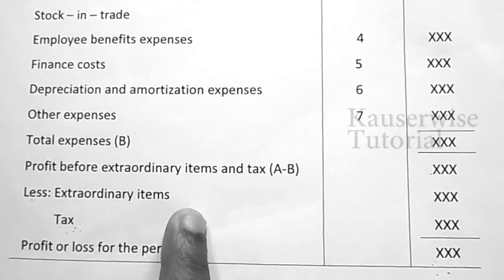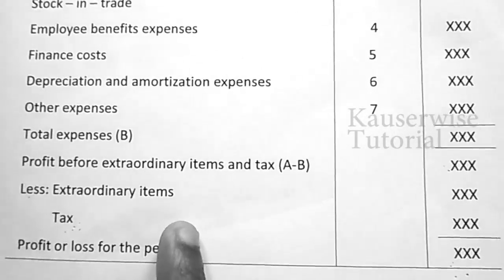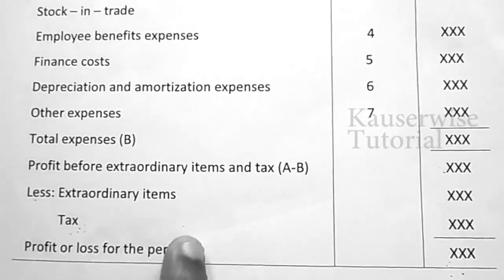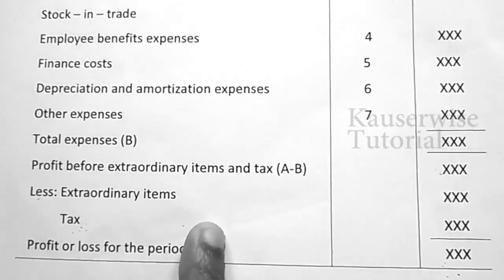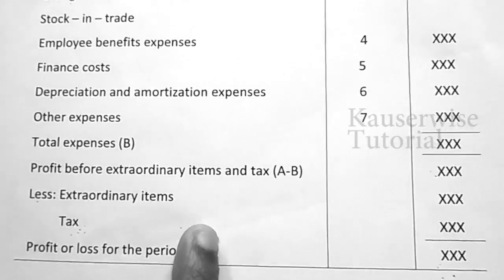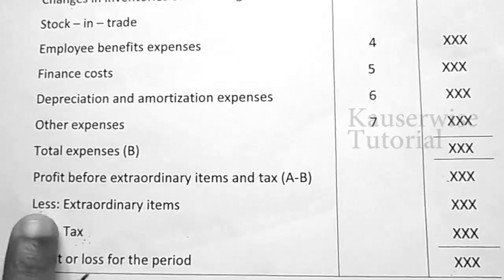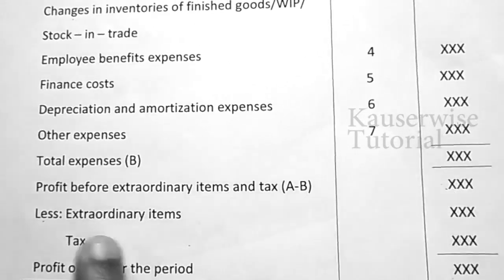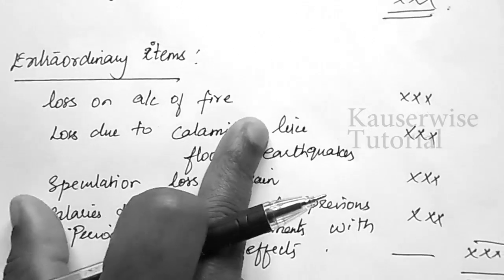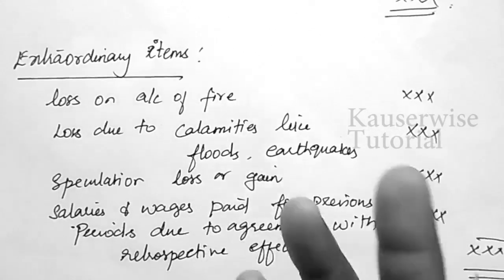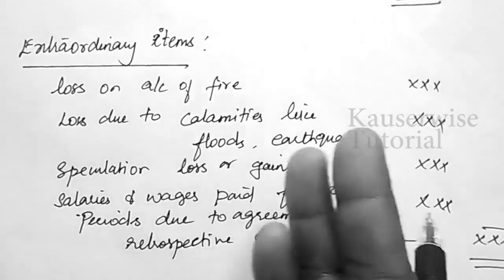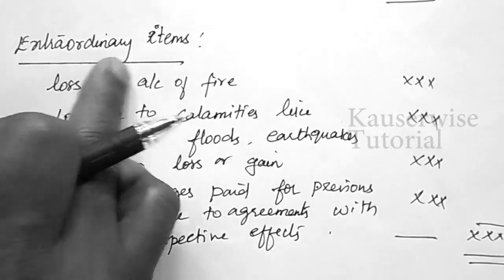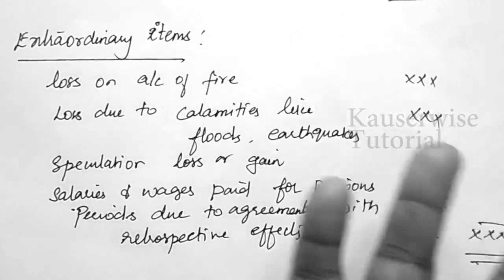Extraordinary item means some non-recurring expense also will be there. If you find any unusual or extraordinary expenses incurred in that particular year, that will be subtracted from the profit. For example, loss on account of fire. If there is any loss occurred due to natural calamities like fire, flood, earthquake, that will be called extraordinary items, that is unusual transactions.